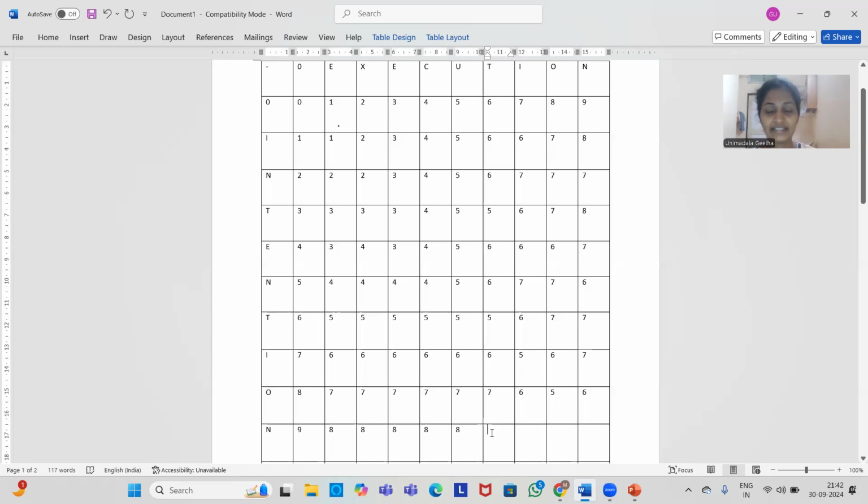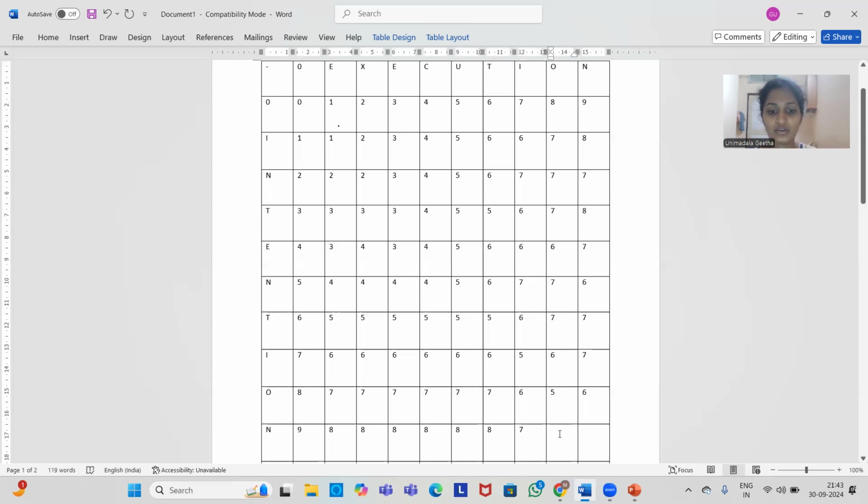Comparison between N and T. N and T are two different letters, so we perform the operation and that number will become 8. Comparison between N and I. N and I are two different letters, so we perform either substitution or insertion operation, so that the number will become 7 here.